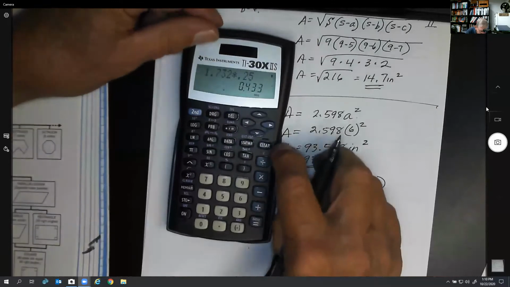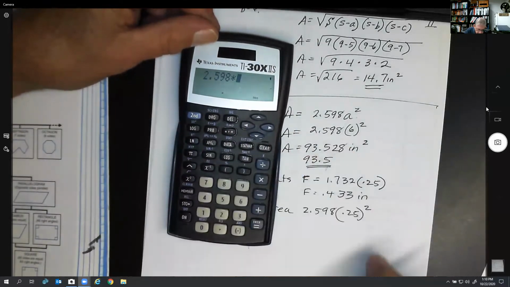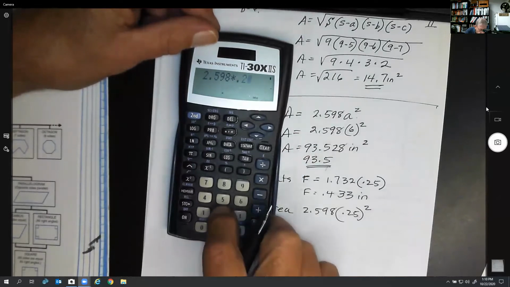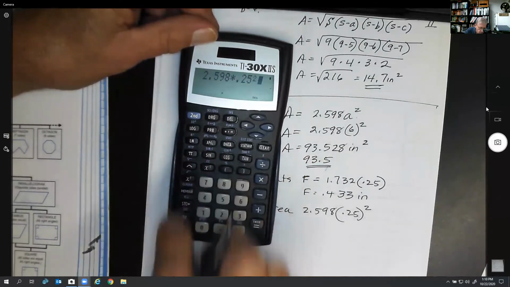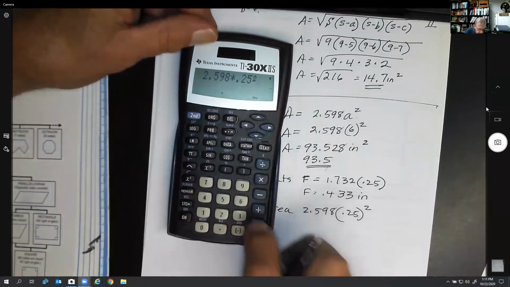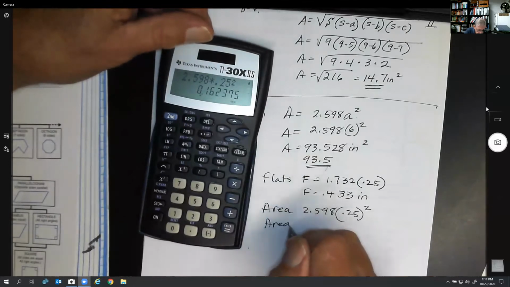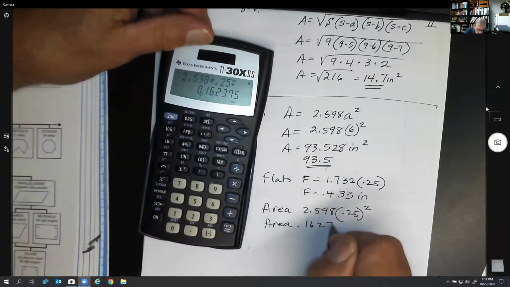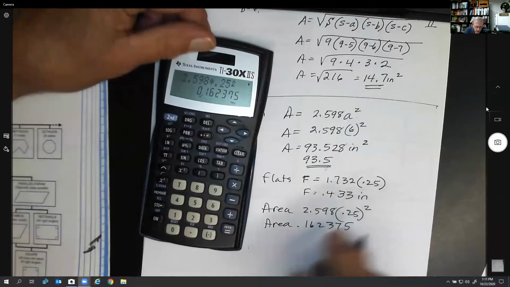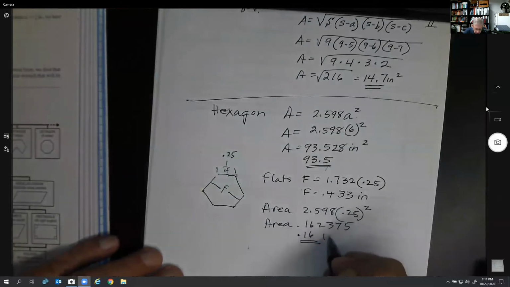Put in our calculator, 2.598 times 0.25 squared. I'm going to hit my x squared key, equals. The area is 0.162375. So maybe carry this out 2 places, 0.16. And this would be inches squared.